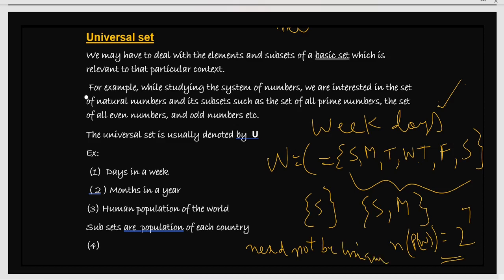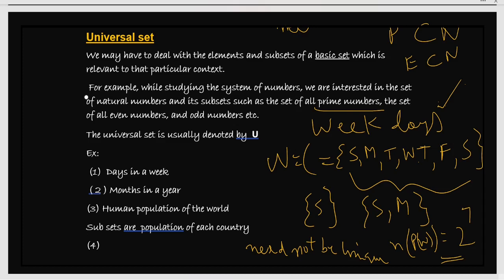For example, now we study number systems, and we are interested in the set of natural numbers, which has subsets such as the set of all prime numbers. The set of all prime numbers belongs to the natural numbers, right? The set of all even numbers belongs to the natural numbers. The set of all odd numbers need not be.